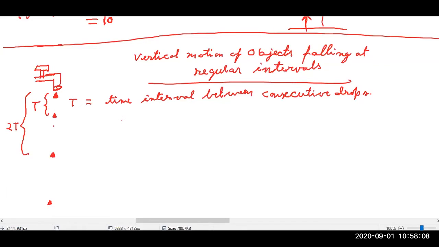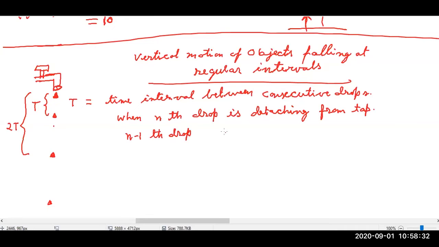We will write it like this: when the nth drop is detaching from the tap, the n minus 1th drop's position will be equal to half g, because if the nth one is here, then n minus 1 is here, at a time gap of t, so half g t square.